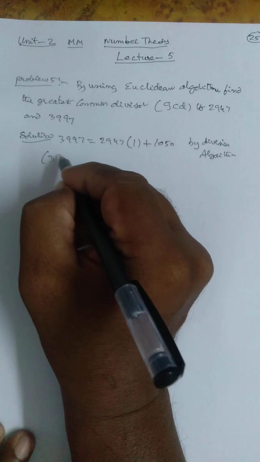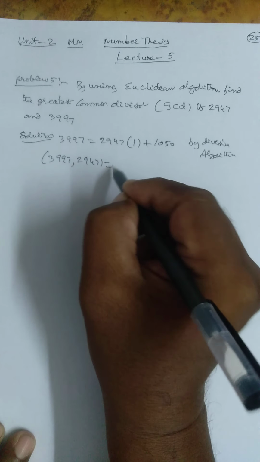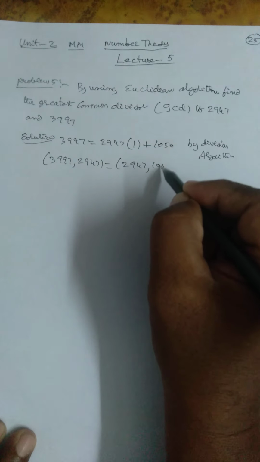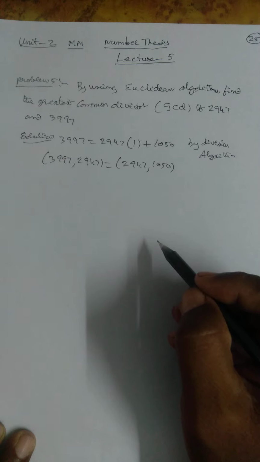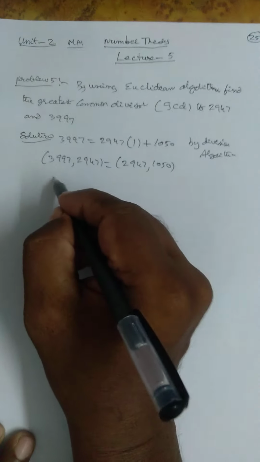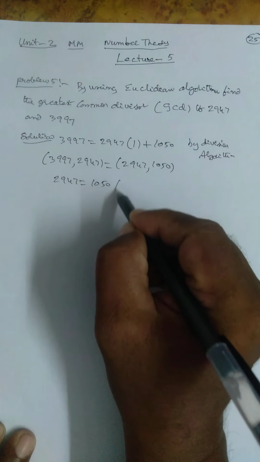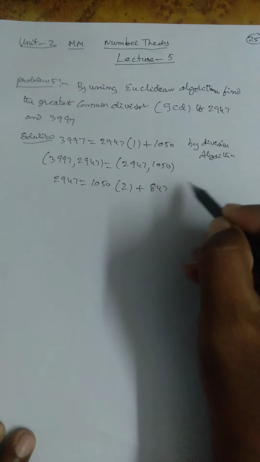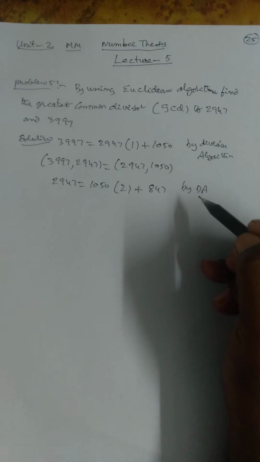So GCD of 3997, 2947 is nothing but GCD of 2947 comma 1050. Now again apply the division algorithm. You write 2947 is equal to 1050 into 2 times plus remainder 847 by DA. DA means division algorithm.